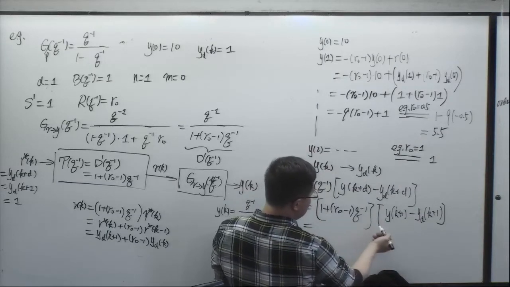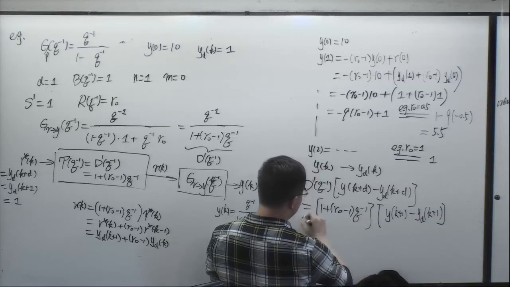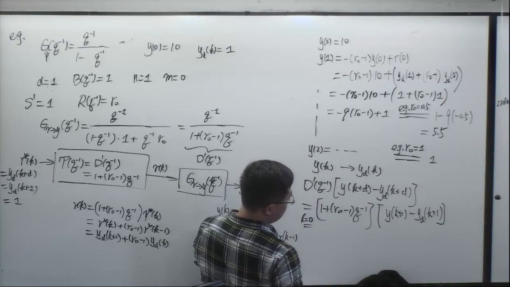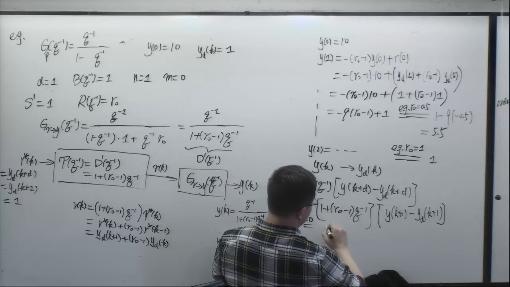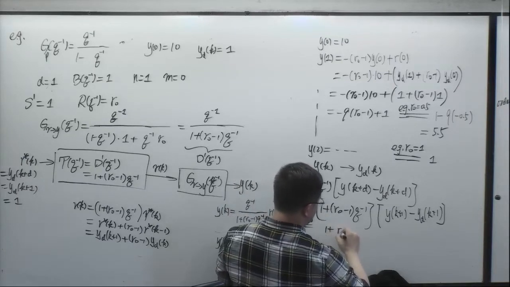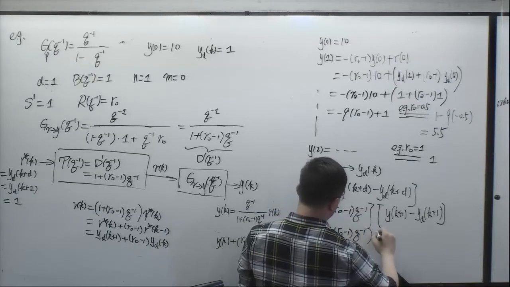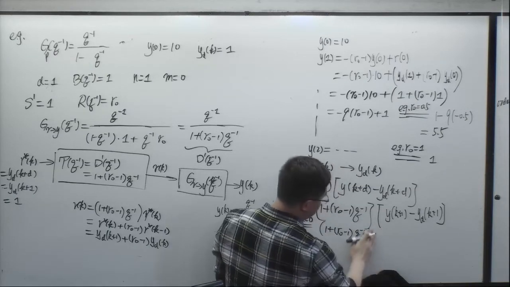Okay, so this means, let's say K equal to 0. Let's check that condition. It's going to become 1 plus R0 minus 1. I'm going to multiply things out.